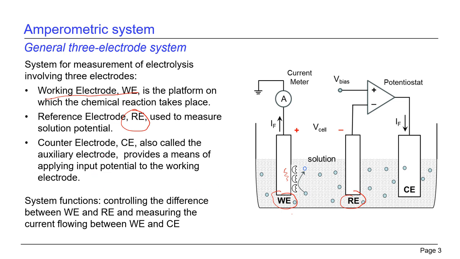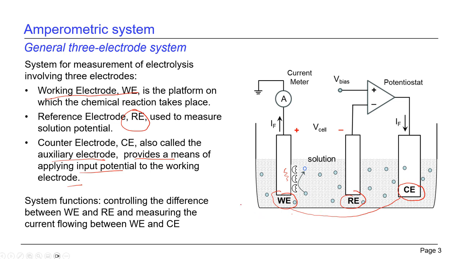The counter electrode, also called the auxiliary electrode, provides the means of applying input potential to the working electrode. This can be sort of confusing, because what the counter electrode really does is, through the solution, provide a pathway between the counter electrode and the working electrode.